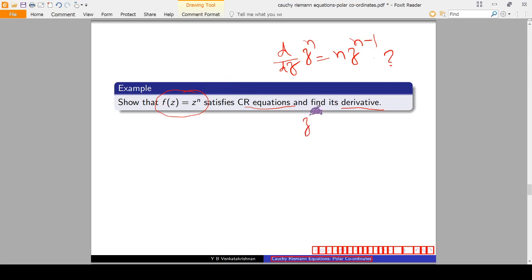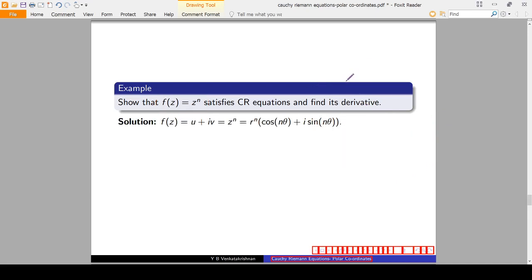You know that z power n, I can rewrite as (x plus iy) whole power n, and I can also use the Cartesian form and get the derivative of z power n. But whenever I have a function of the form z power n, or log z, or e power iz, or e power some constant times z, it is better to use the polar form.